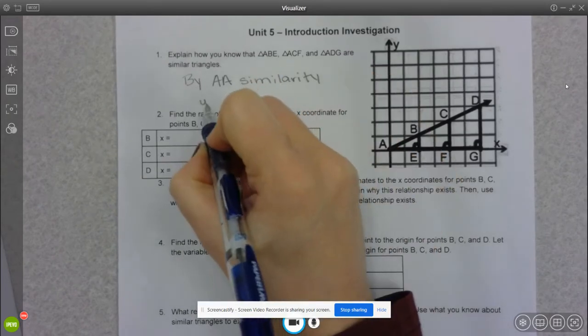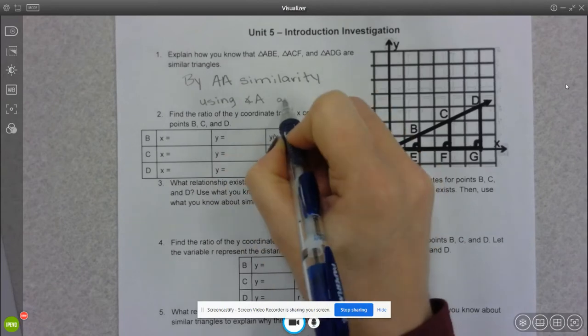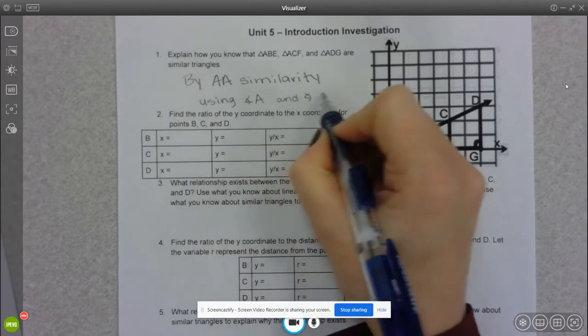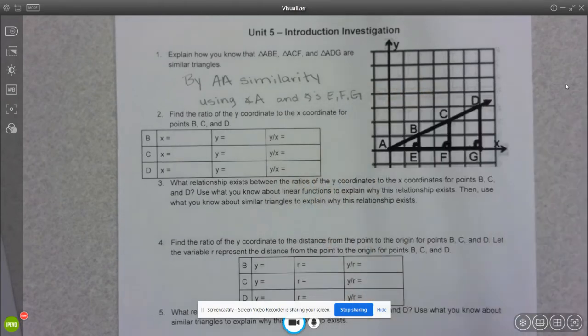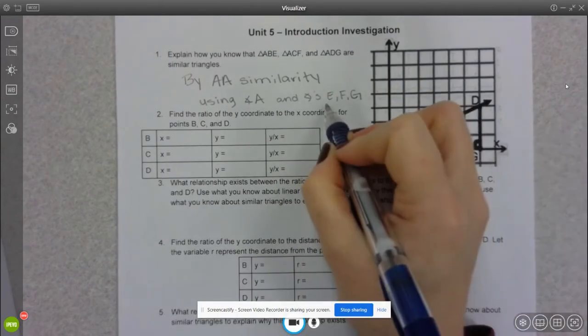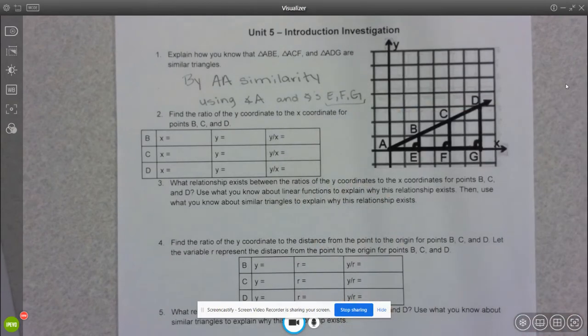And that's using angle A and angles E, F, and G. So because these three are my right angles, every triangle has angle A. We know that they have to be similar triangles because of those two congruent angles.